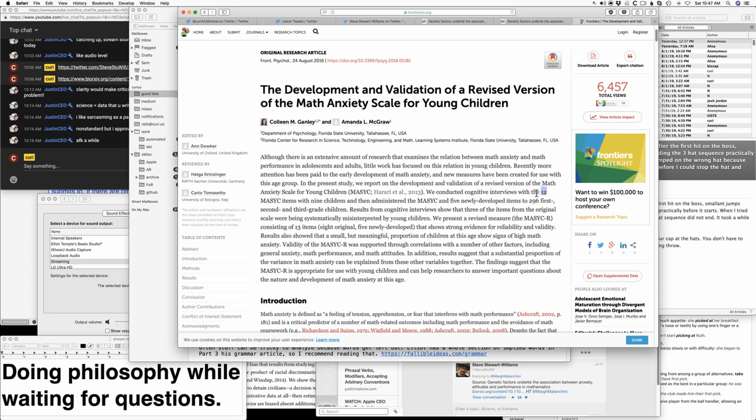Okay, I saw this 12, but it's not an age. Wait, with 9 children? Oh, they found 296 people? That was just some early part. Okay. At this age, what age?